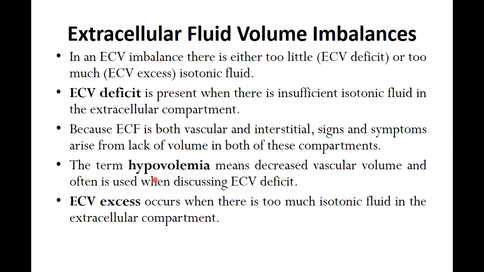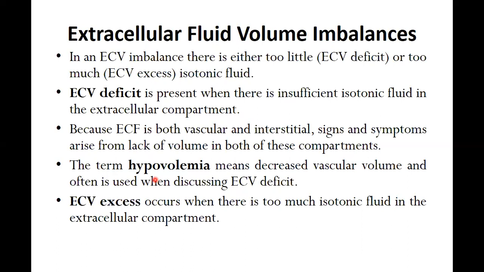Having established that, let us now look at extracellular fluid volume imbalances. Now, remember we said extracellular fluid, we are talking about the fluid that is in the blood vessels, which is intravascular fluid.